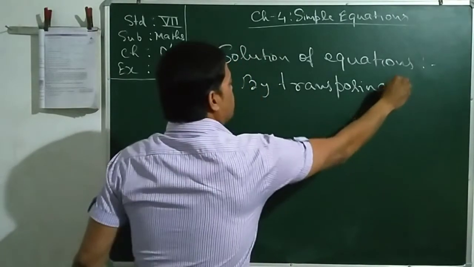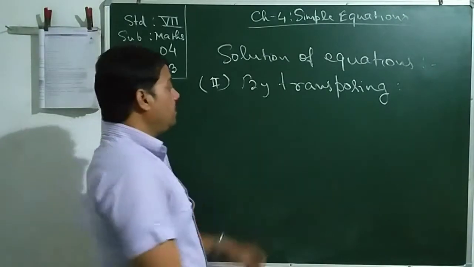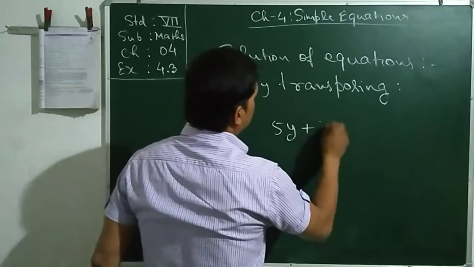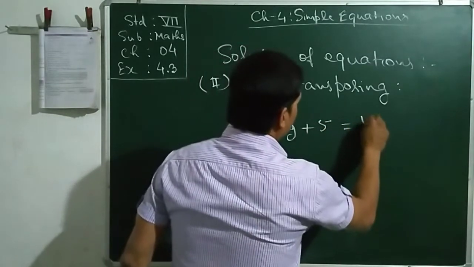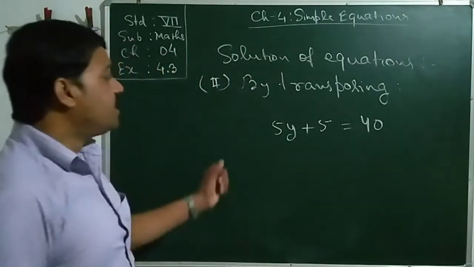What is transposing? In transposition, let us take one more example: 5y plus 5 equal to 40.